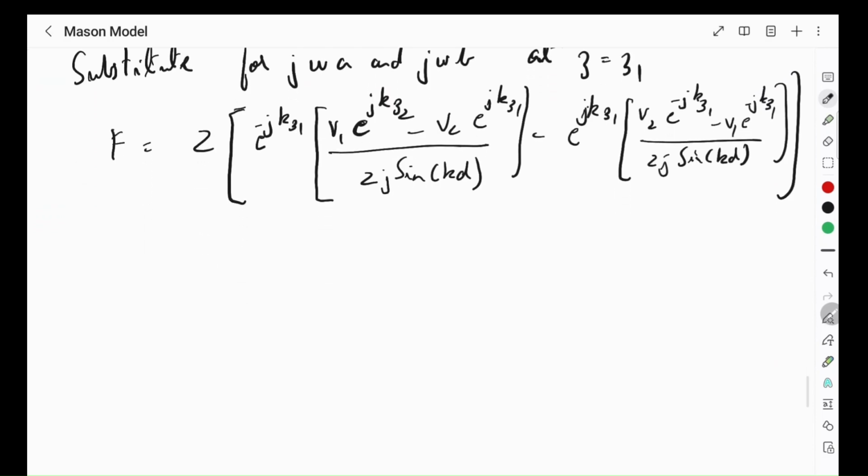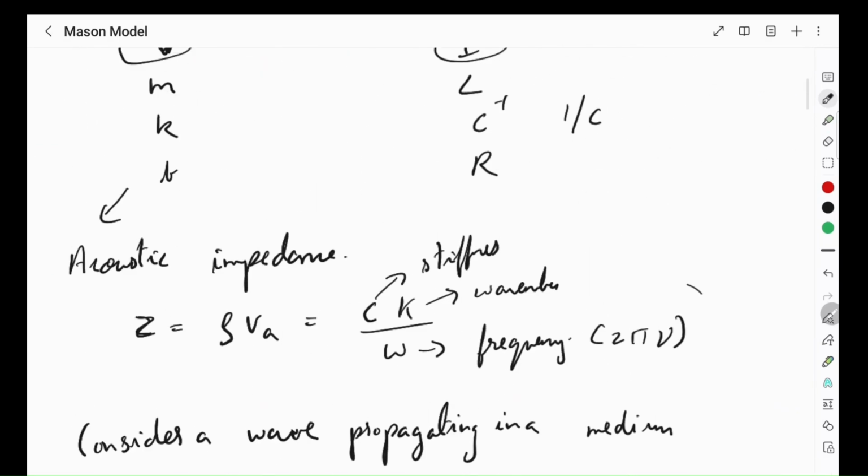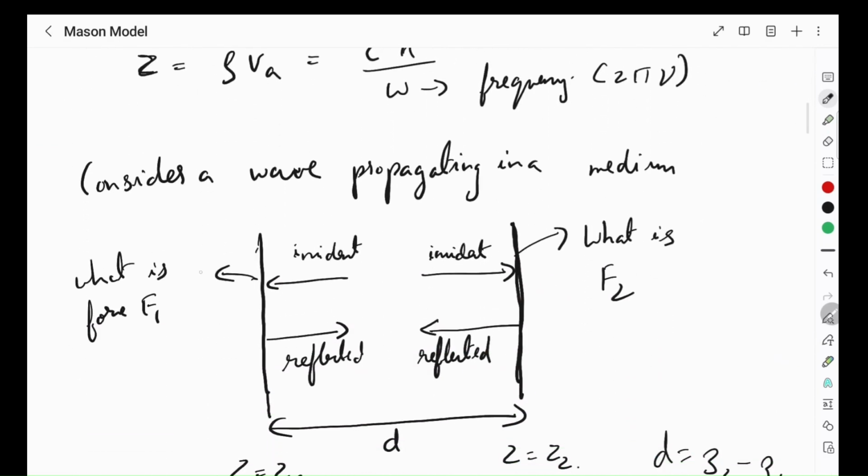Okay, this is the force one, the force on the left side.